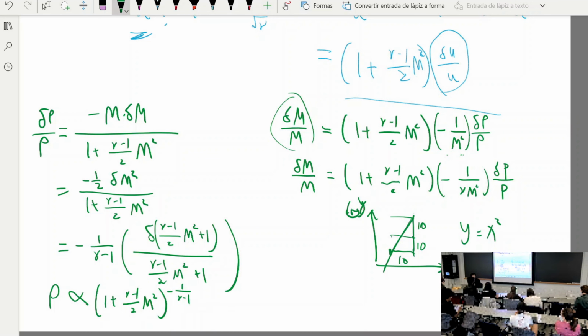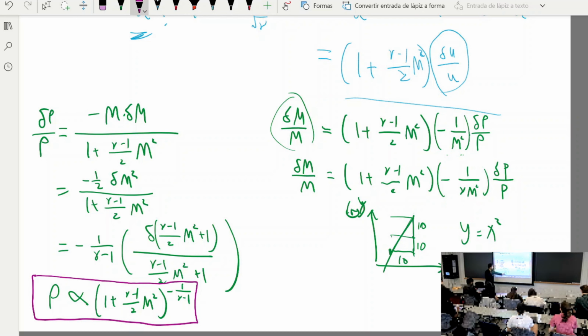So let's think about what that means in isentropic expansion. As I increase in Mach number, my density drops, right? That's why there is a negative power in this. Okay? And this is a monotonic relationship. As I increase Mach number further and further, density would drop all the way to 0.